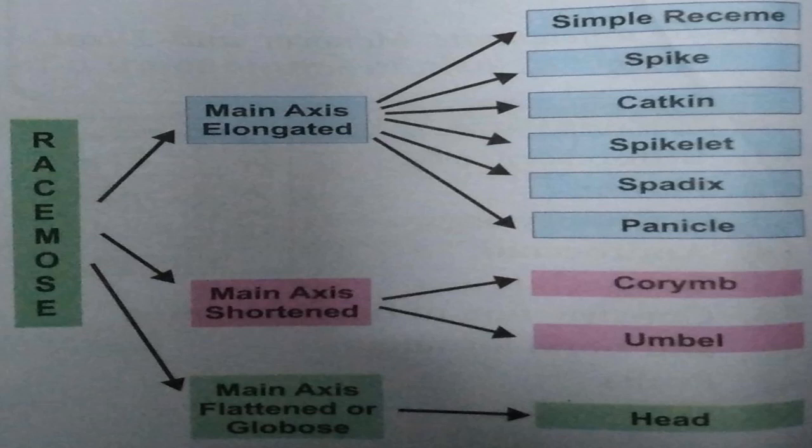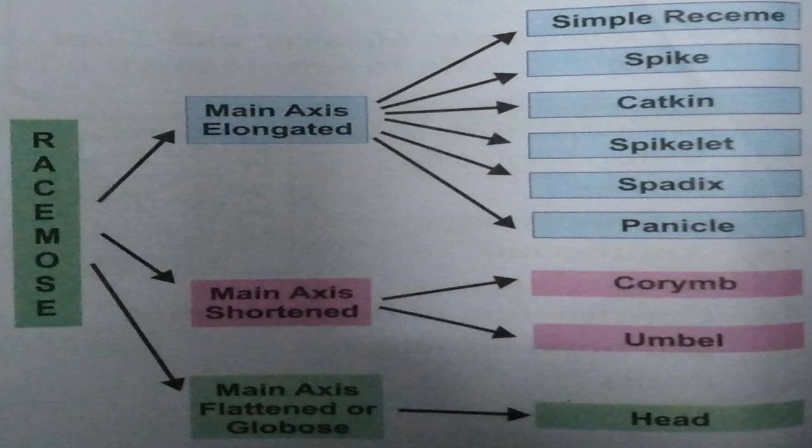In main axis elongated: simple racemose, spike, catkin, spikelet, spadix, panicle. Again I say, simple racemose, spike, catkin, spikelet, spadix, panicle.